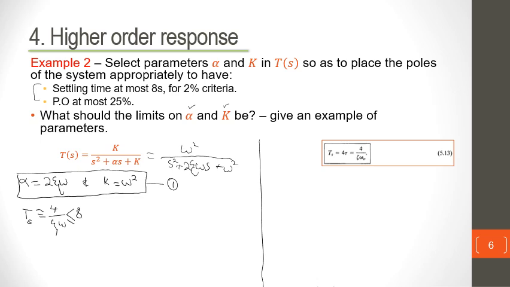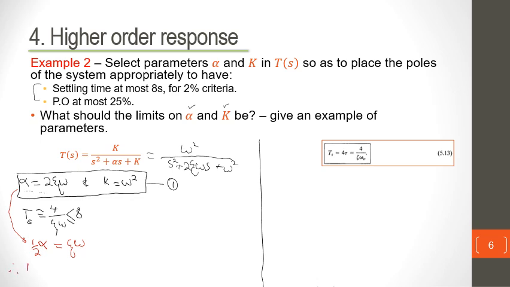If we look at equation 1, we can say that half of alpha is equal to the damping factor times the natural frequency.